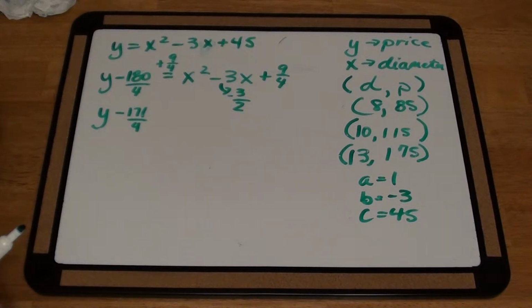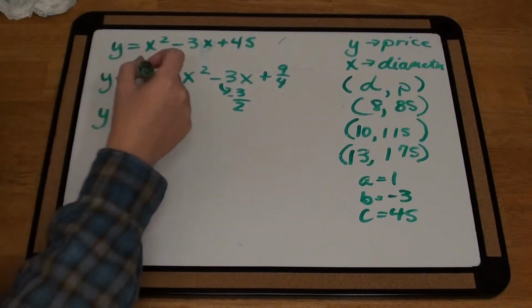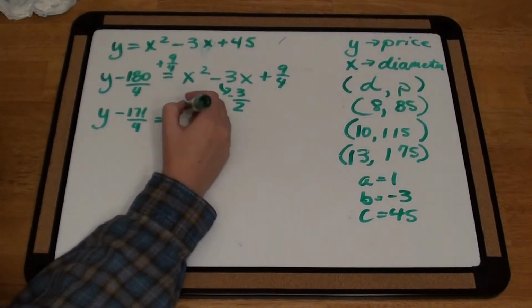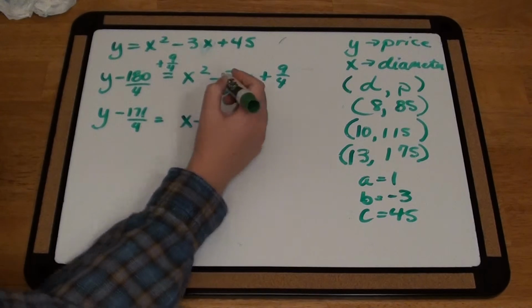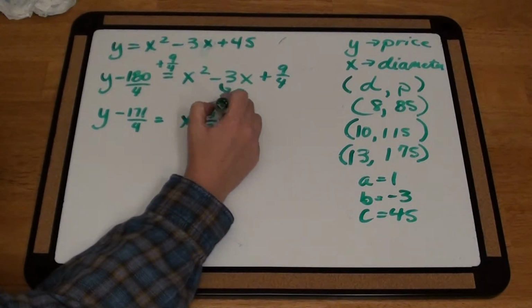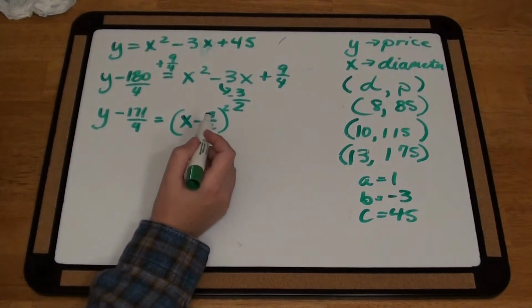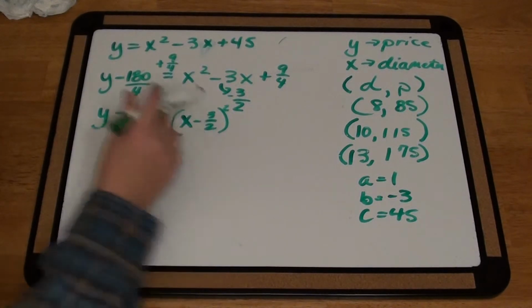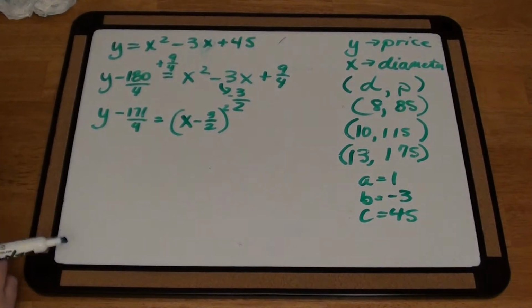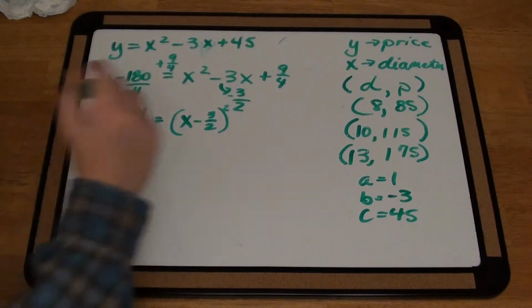It would be easier here. Once we get to this point, we have x minus 3/2 squared, right? We know here that, oh, that was actually pretty fast, because 4 into that is 4. Yeah, that's right. So we're done.